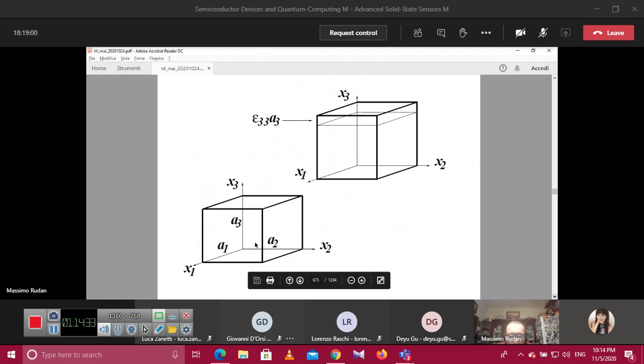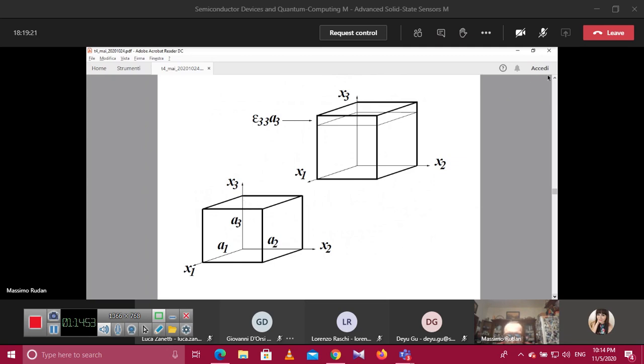And also that we want to calculate how the upper face deforms, okay? But the upper face has a coordinate that is equal to A3, okay?